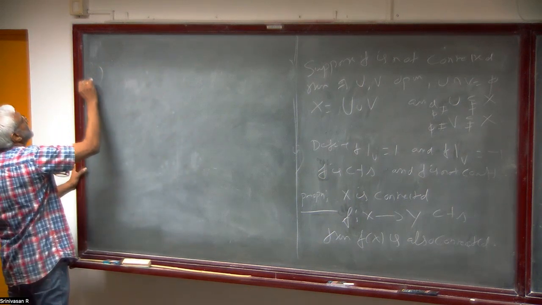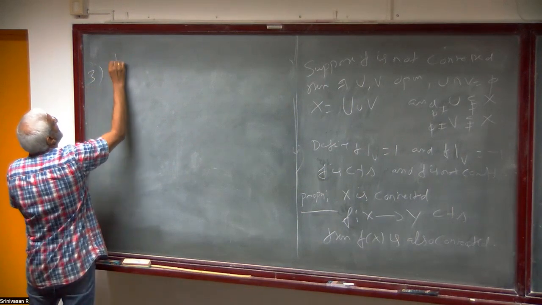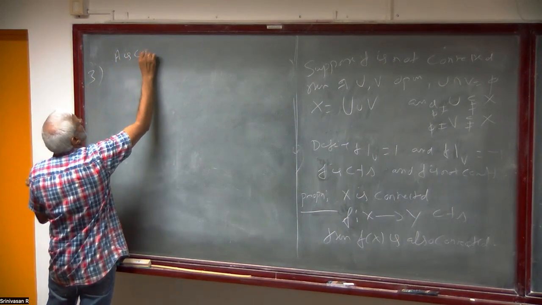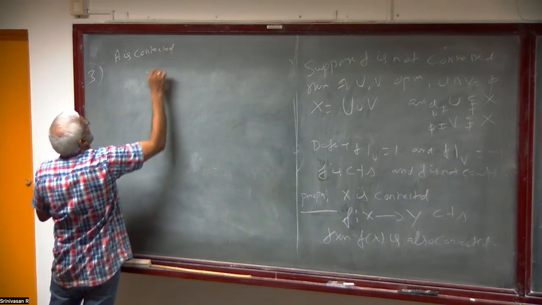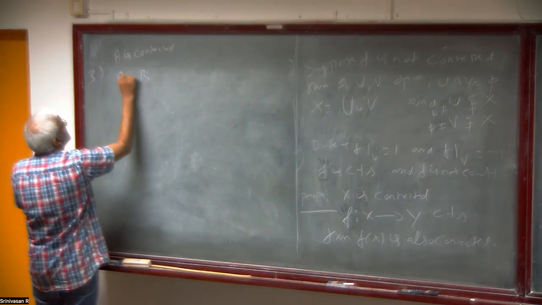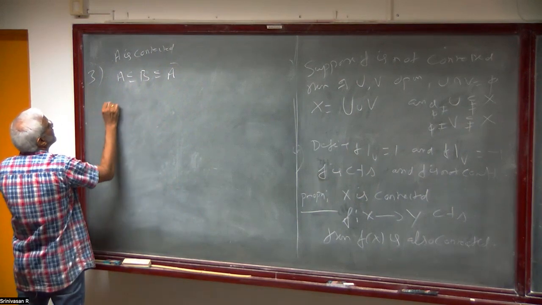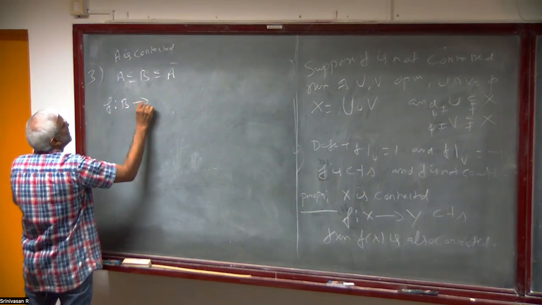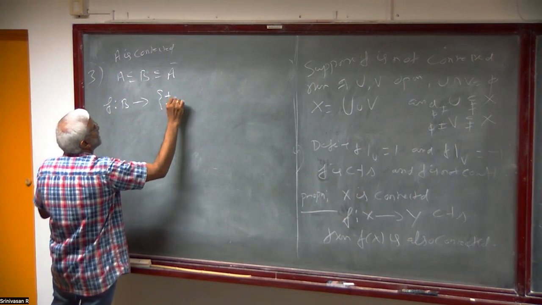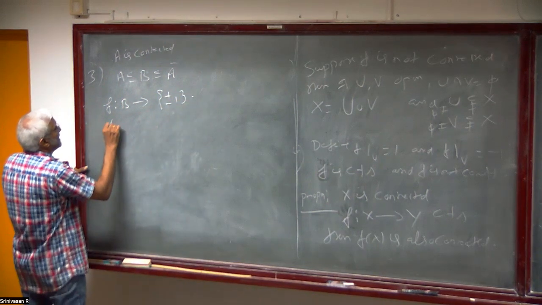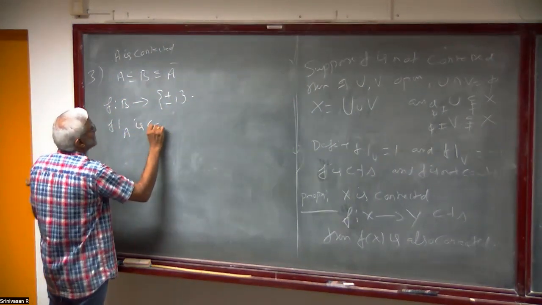The third one. So if A is connected and B contains A and is contained in A closure, we want to prove B is connected. So f from B to plus or minus 1, something, and f restricted to A is constant.